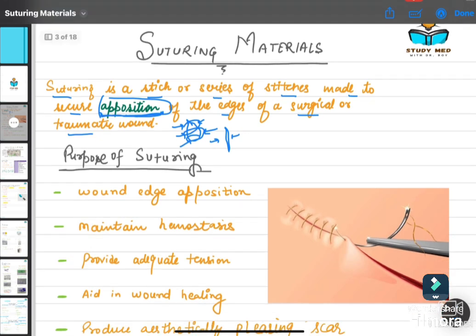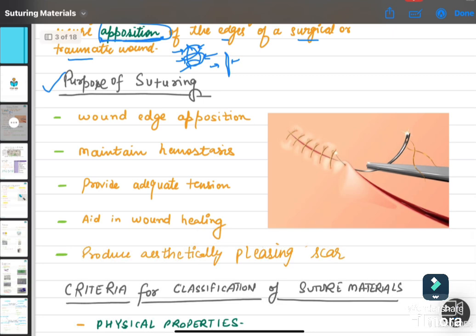Now, why do we do it? What is the purpose of suturing? First thing, as we already knew, wound edge apposition. Secondly, to maintain hemostasis, to stop the bleeding. Third one is to provide adequate tension.